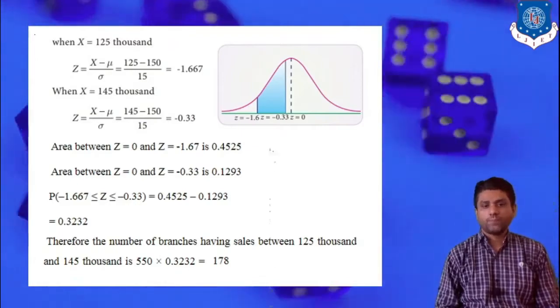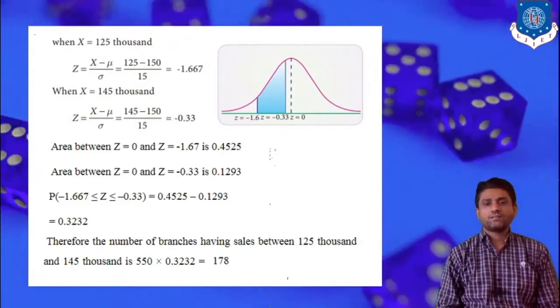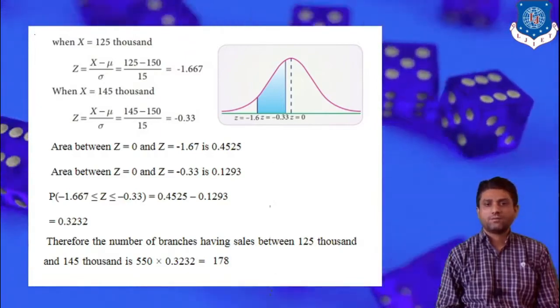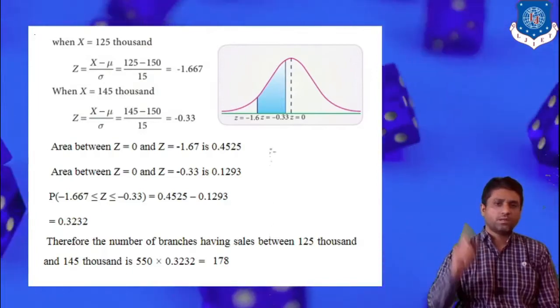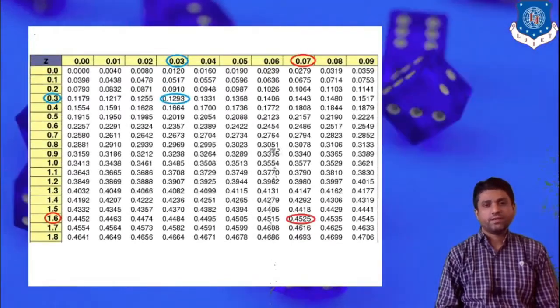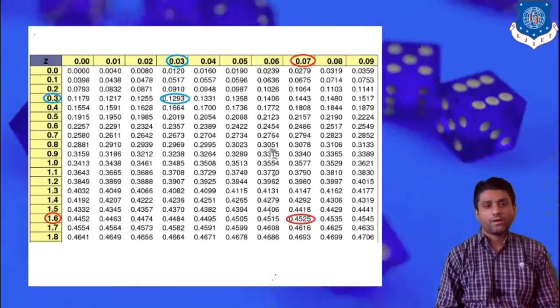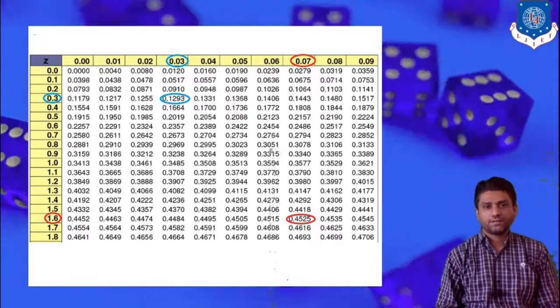125,000 to 145,000. Now next I will show you how we can take the values 0.4525 and 0.1293 from the normal table. See here, this is the standard normal table, and we are interested to take the value for 0.33.